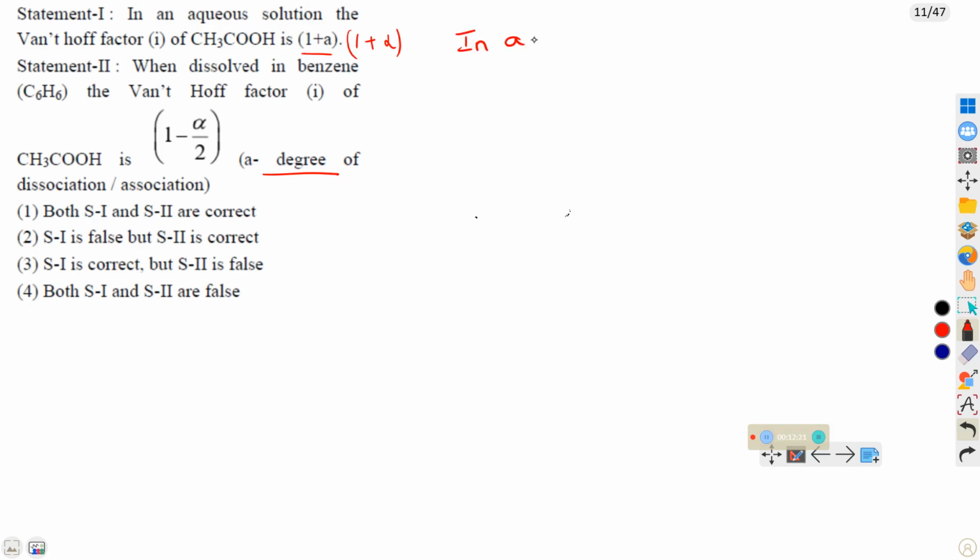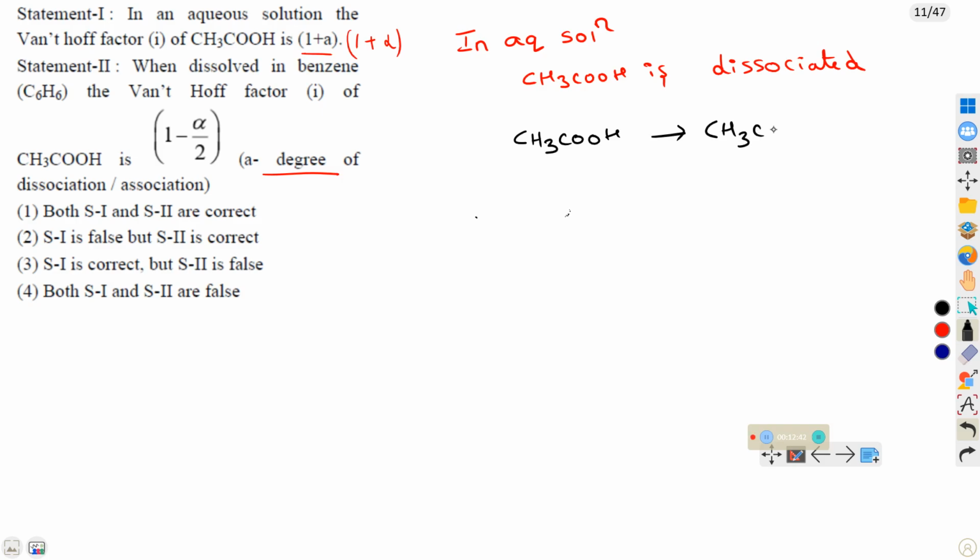First condition, in aqueous solution, CH3COOH is dissociated. CH3COOH dissociates into CH3COO minus plus H plus.